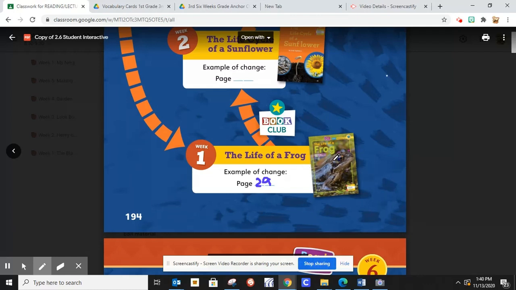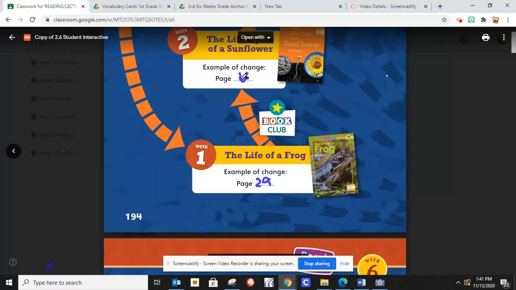Now let's look at week 2. Week 2, we read the life cycle of a sunflower. You remember that? Okay, so we are going to find, and my tool is just not working. Okay, we're gonna find how the sunflower changes. Go to your book, find your page. Let's find page. Okay, there it is. Page 67, boys and girls. We're gonna go ahead and write it down.